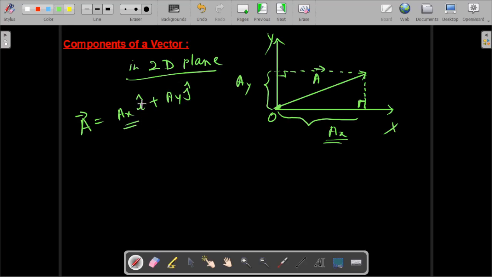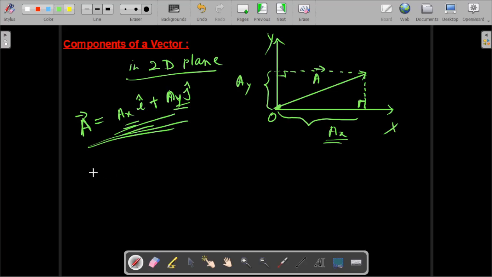This much value will be in the direction of the x-axis, and this much in the direction of the y-axis, and then you will get a value equal to the given vector a. In this way we can split a given vector into its components.